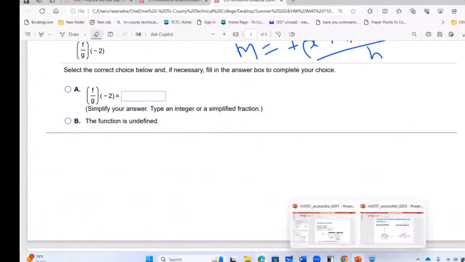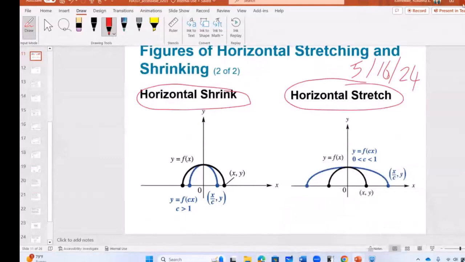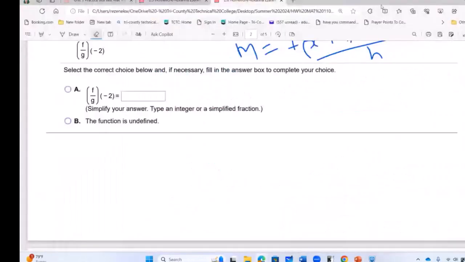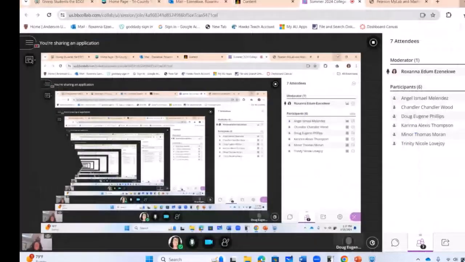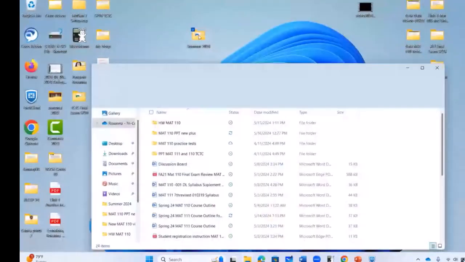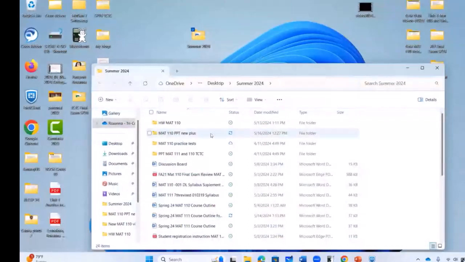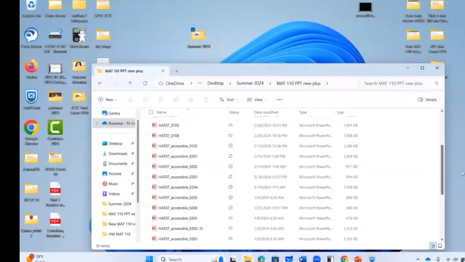And if not, I will pull up 2.6 here. That way we will see an example that will help a lot. Because if not, it will look like it's going to be long. It is going to be long though, but you will see that you will still get it. Okay, and we're looking for 2.6.